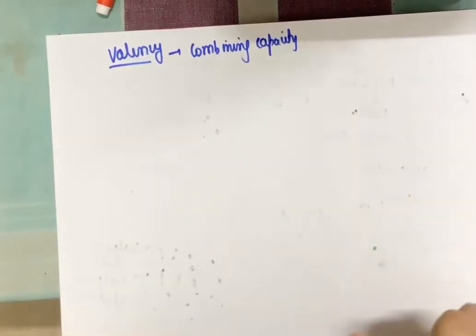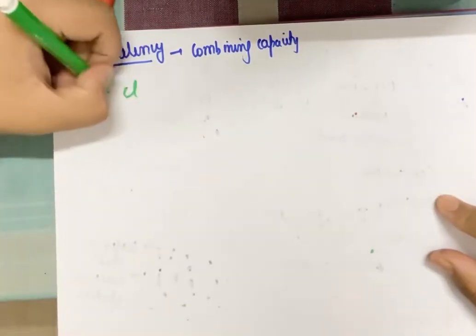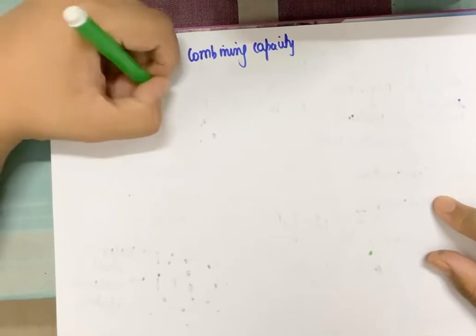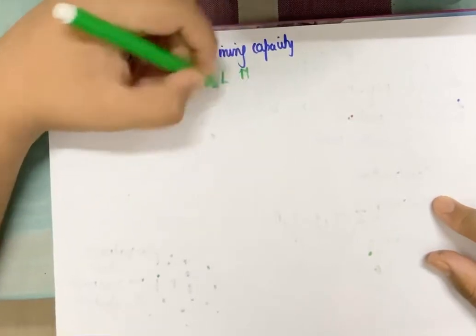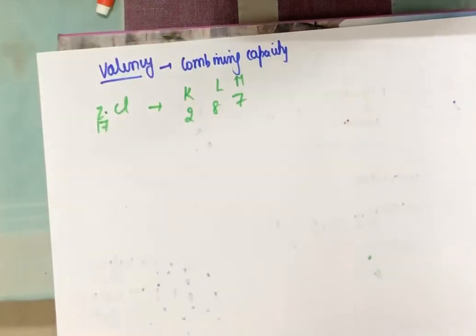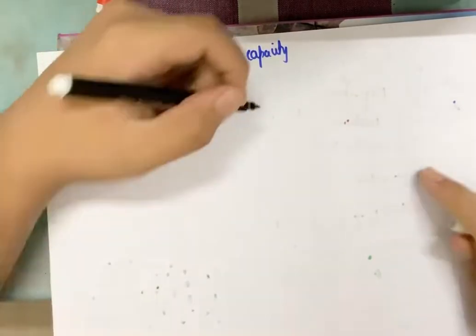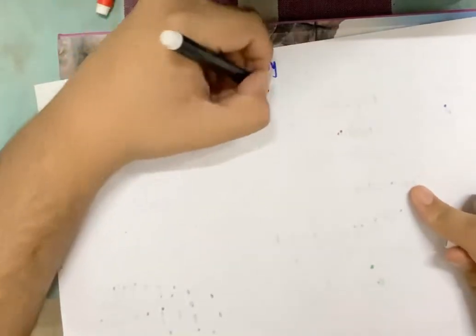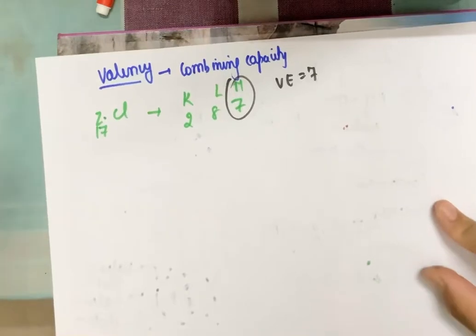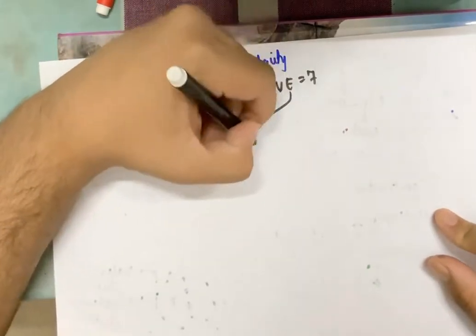So again I'll take the example of chlorine, with atomic number 17. That means the electronic configuration will be 2, 8, 7. While writing the valency, I will only consider the valence electrons, which are here 7. Now from valence electrons there are two methods to find the valency.